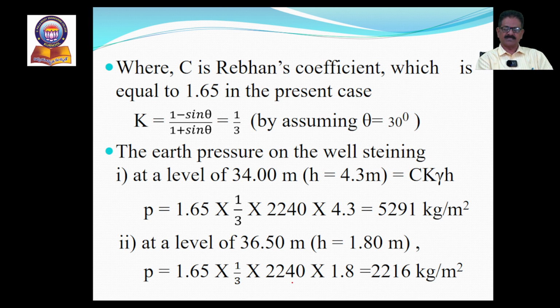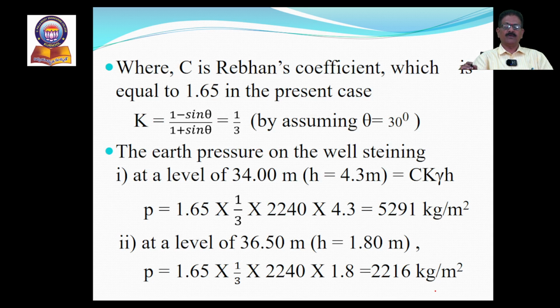Up to this it is the same. Only the H is varying. Whereas in the previous case the H is 4.3 meters, the total height of the well from the top, here 1.8 is the point under consideration from the top of the well. Accordingly, the earth pressure value is 2216 kg per meter square only.